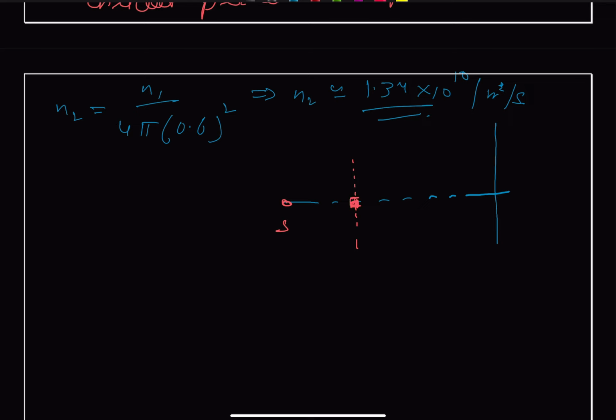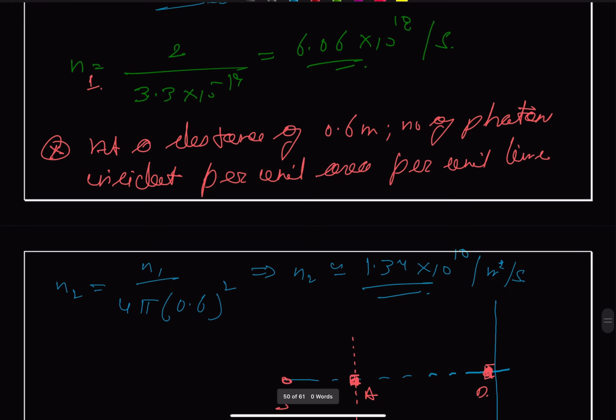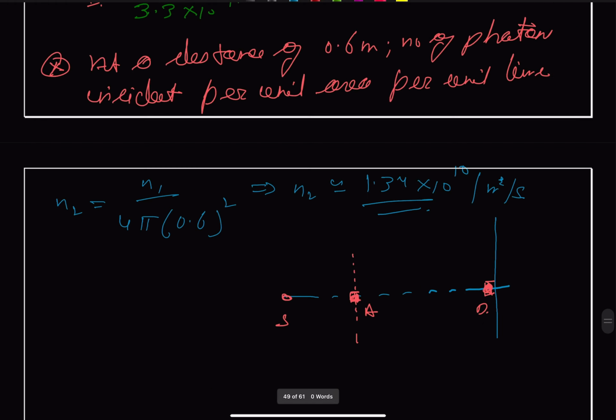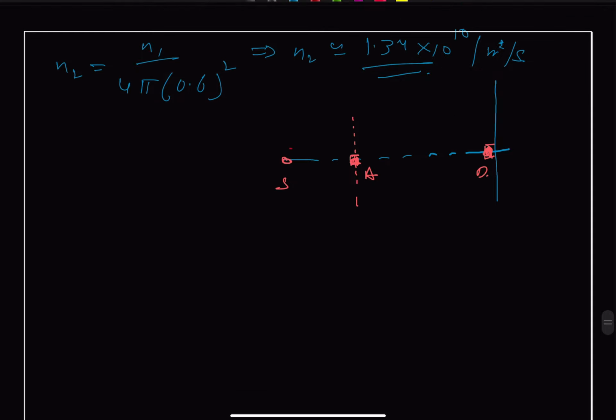Okay, and we have detector placed here. So this is aperture A, and we have this detector D. Aperture is at a distance of 0.6. So this distance is about 0.6. Total distance is about 6. So distance between the aperture and the detector will be about 5.4.